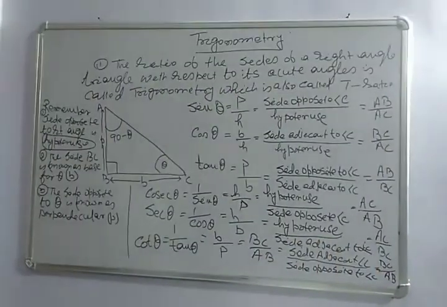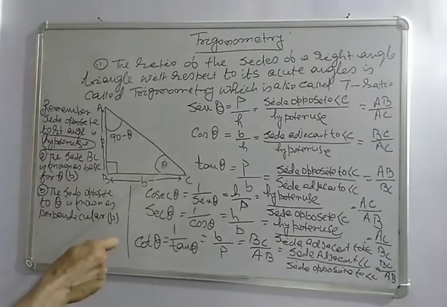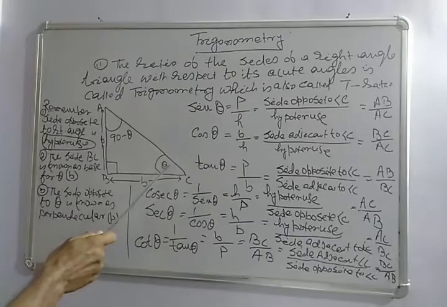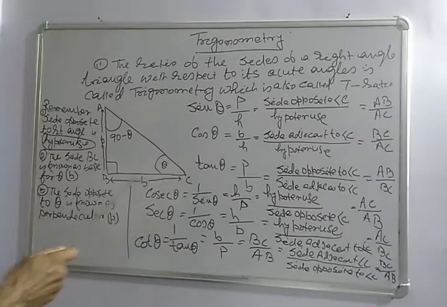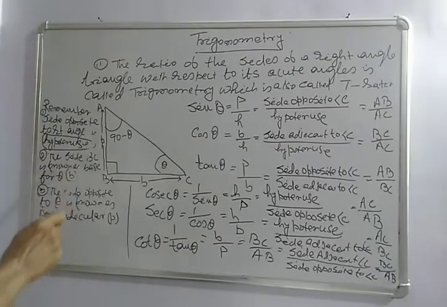Always remember, the side opposite to the right angle is known as the hypotenuse. The side which is the arm of the angle theta, BC, is known as the adjacent side, and the side opposite, the front side, is known as AB.